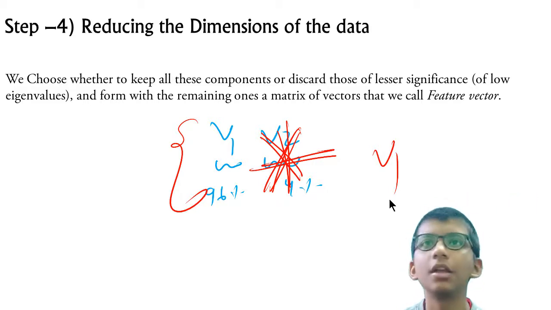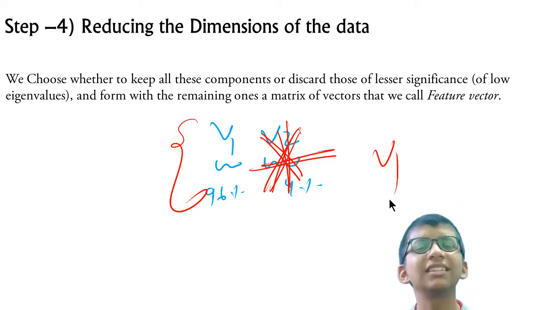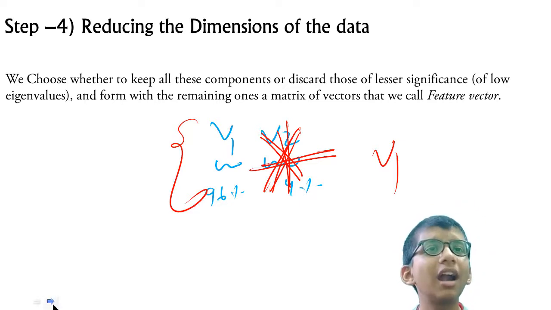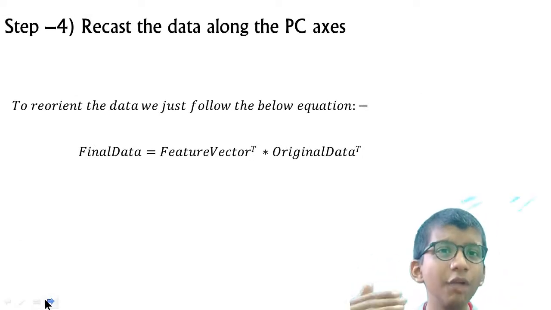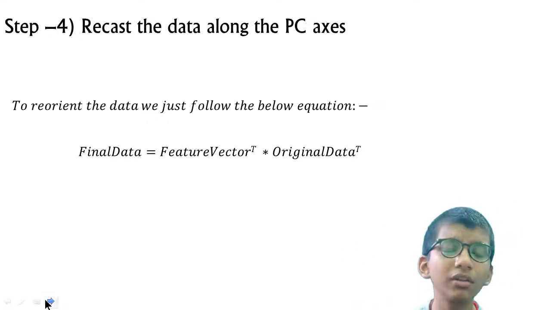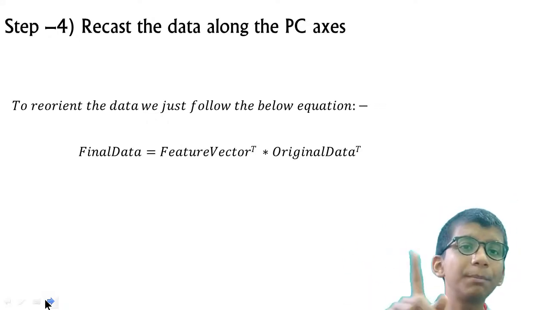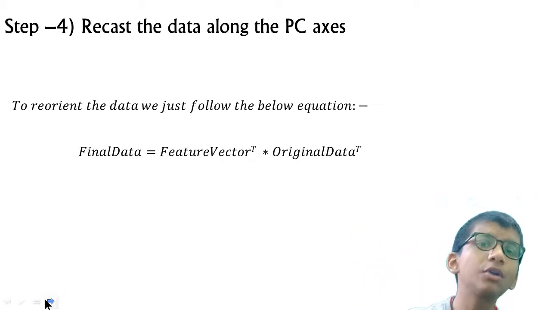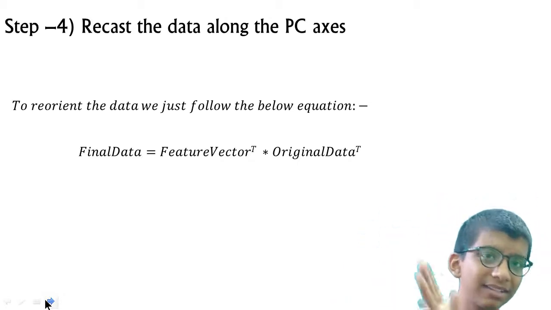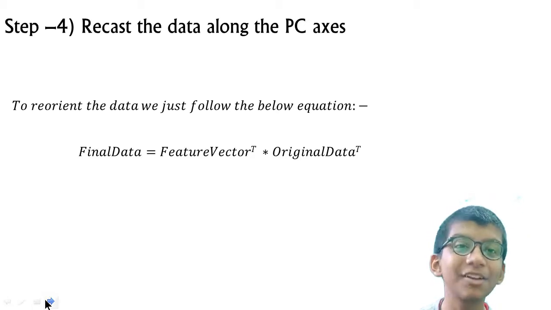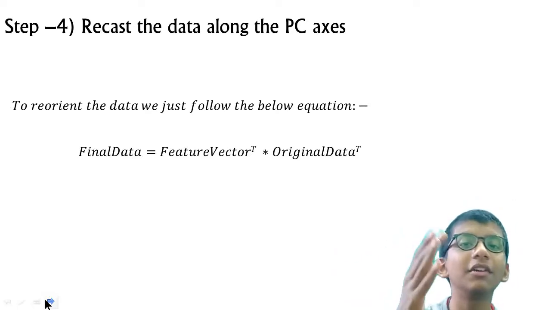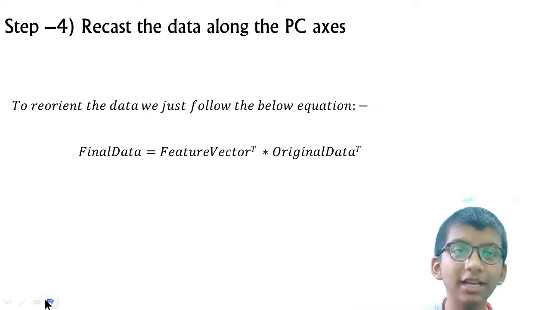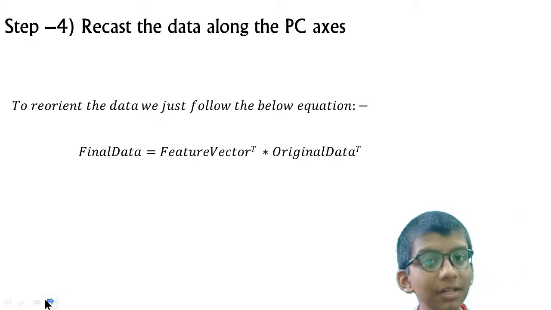Okay, now there is some kind of problem: our input data needs to be on the same scale, or the same axis. So for bringing our input data onto the principal axis, and hence it's called principal component analysis, we bring the input data from the original axis to the principal axis.